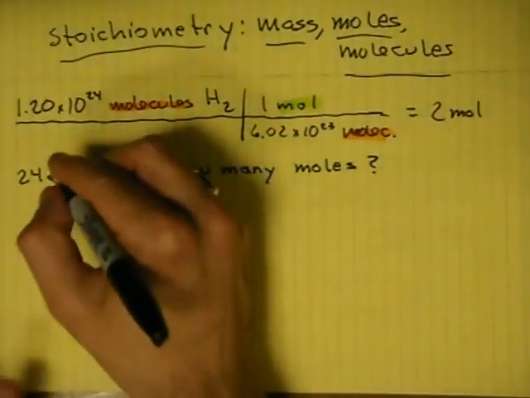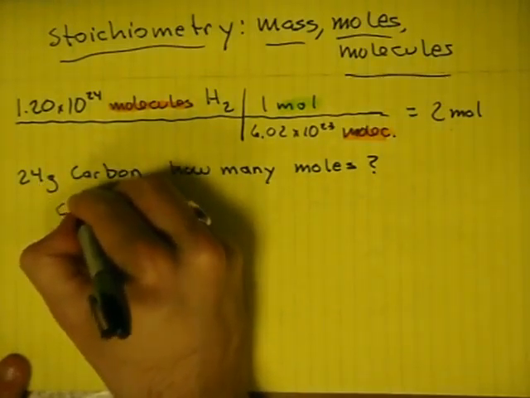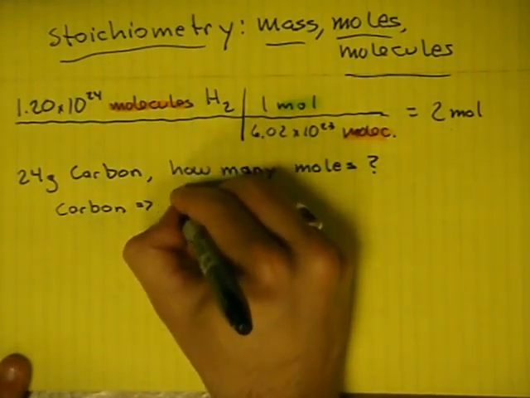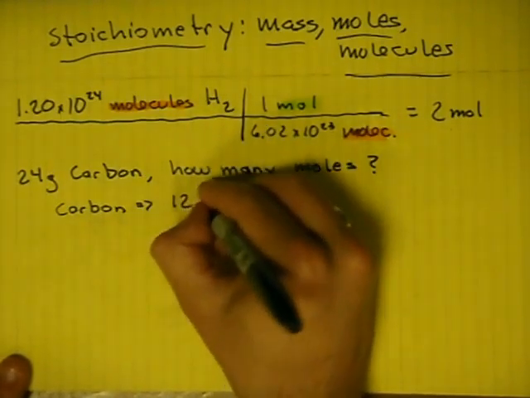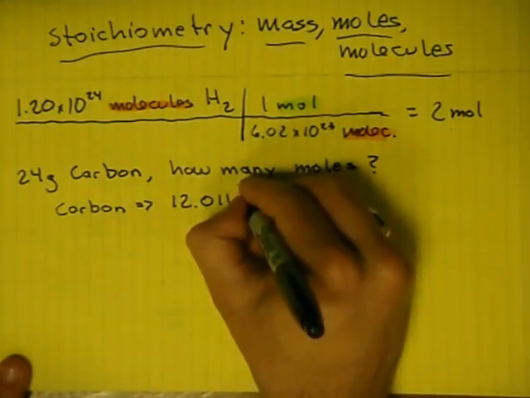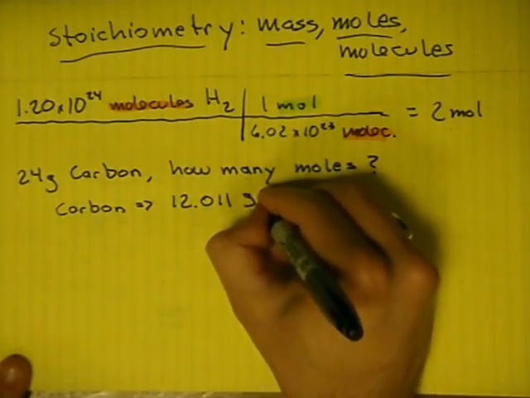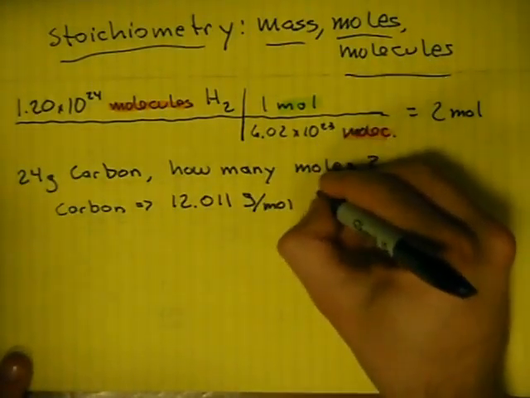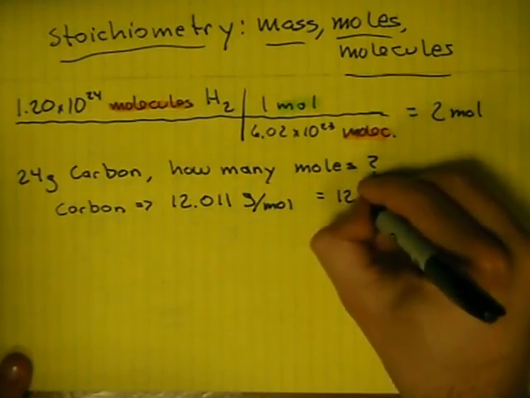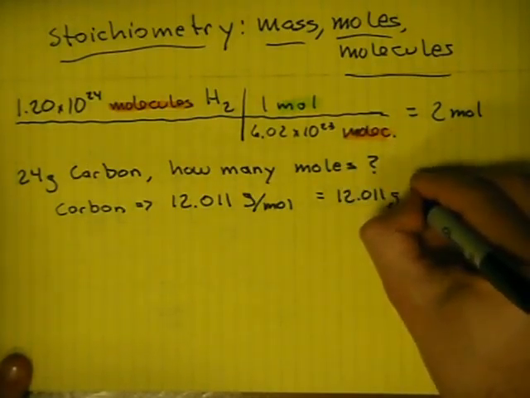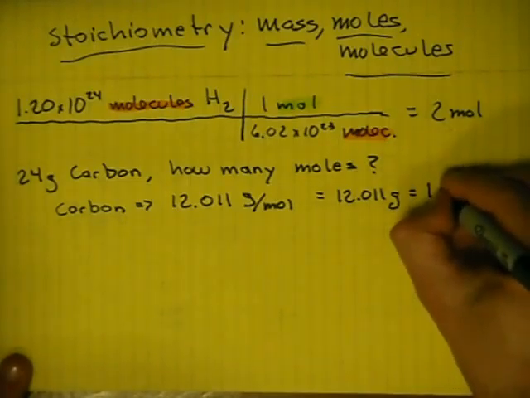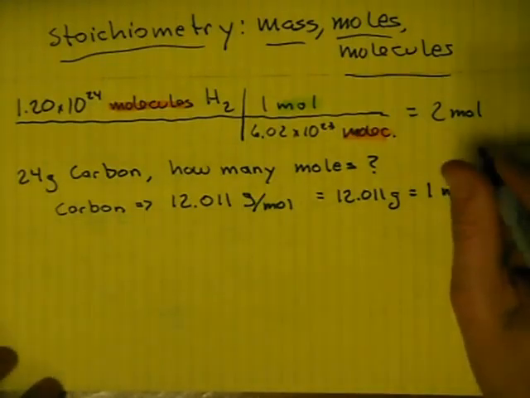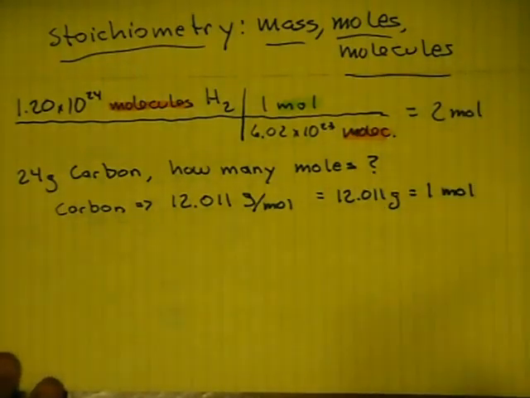So for carbon, that is 12.011 grams per mole, which means that 12.011 grams is equal to 1 mole. If you were to get 1 mole, put it on the scale, that's what you would measure.